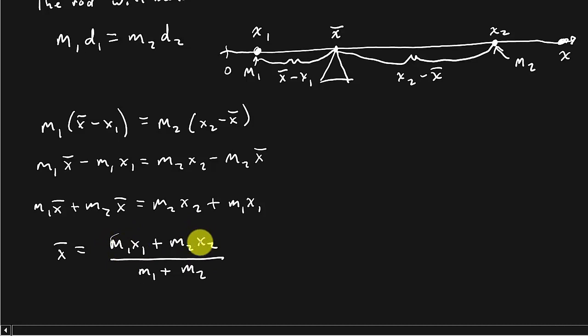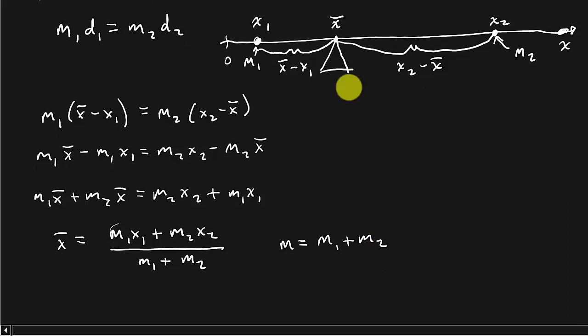This is the moment of the mass m1. This is the moment of the mass m2. So the center of mass is obtained by adding the moments of the masses and dividing by the total mass.